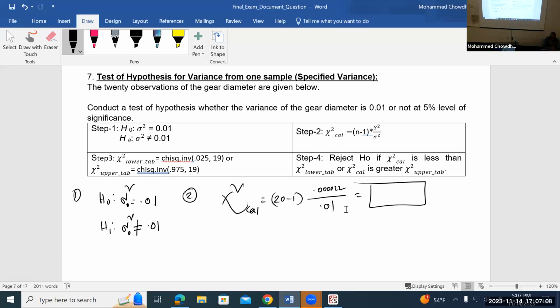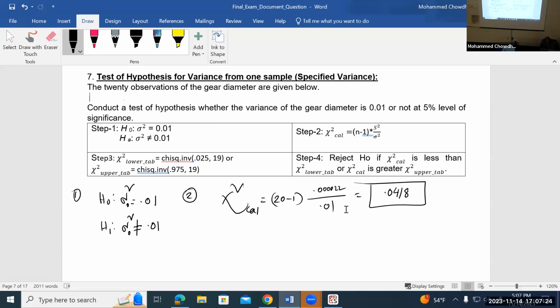I got 0.0418. 0.0418. That is 20 minus 1 times 0.000022 divided by 0.01, right?